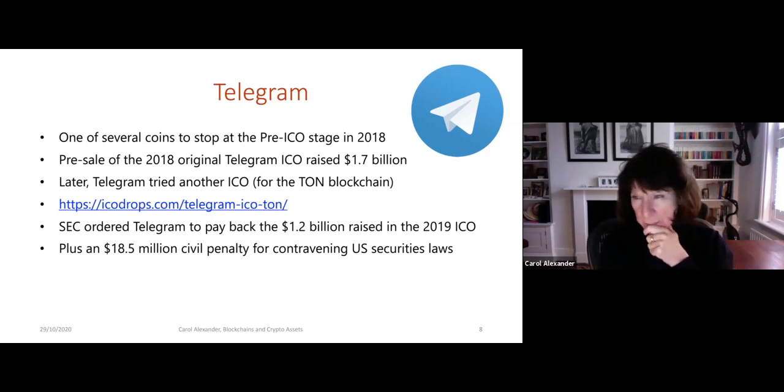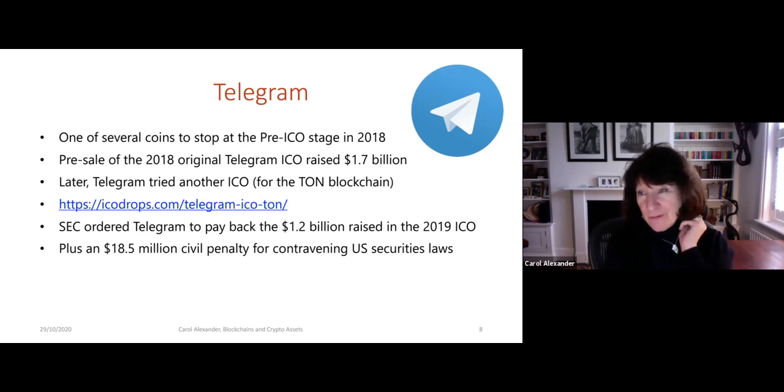But that didn't work because by then, the SEC, the Securities and Exchange Commission, the regulators of securities, of IPOs and various other stocks and shares and all that trading, is regulated by the Securities and Exchange Commission in the US. They ordered Telegram to pay back 1.2 billion that they raised in their second ICO because they had contravened security laws.